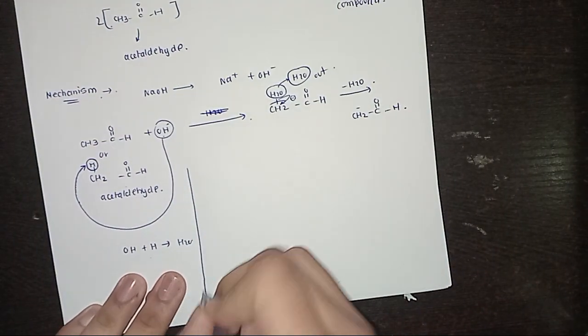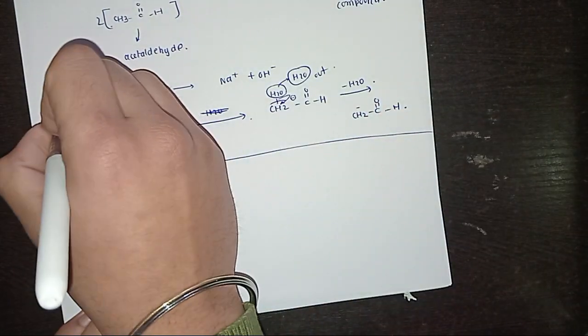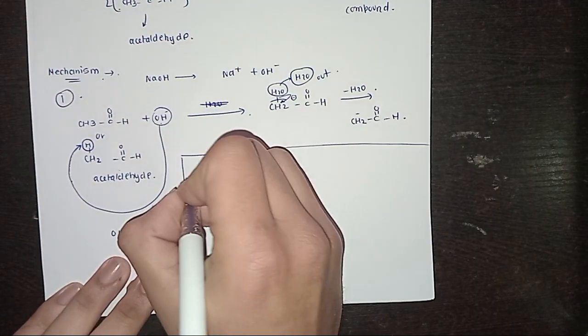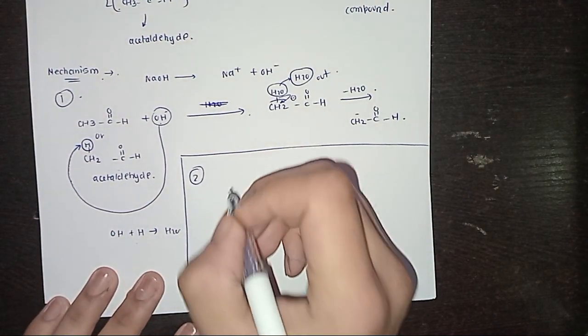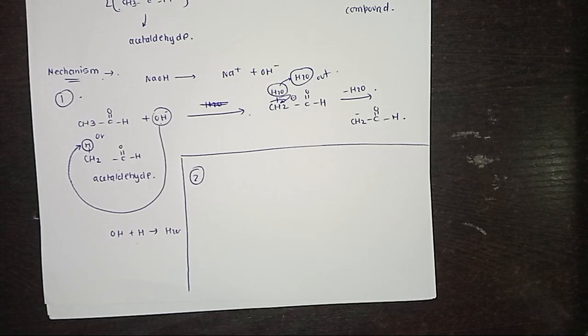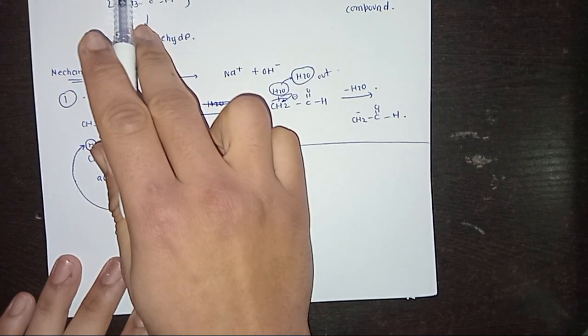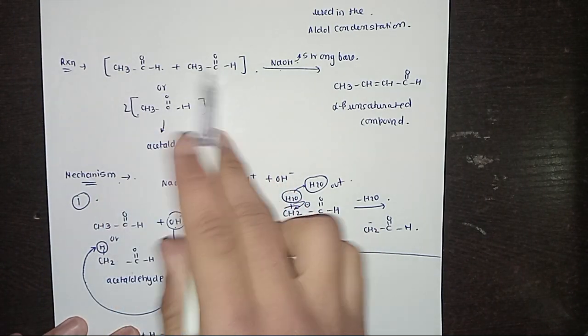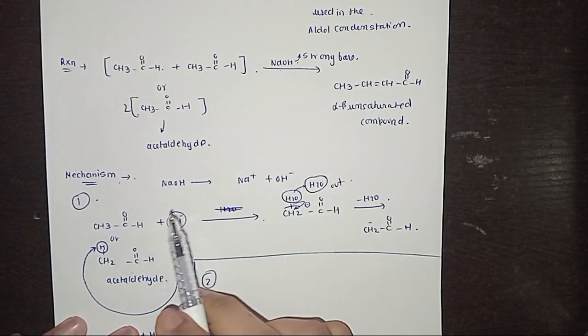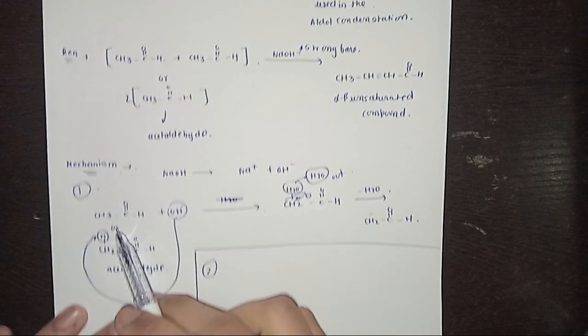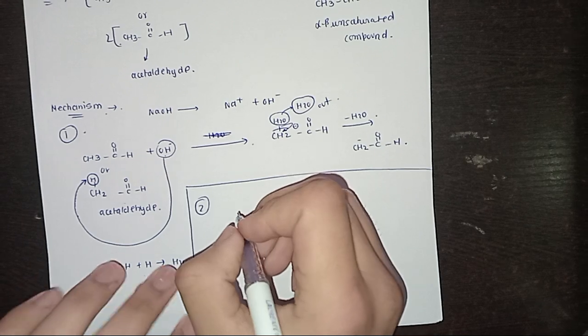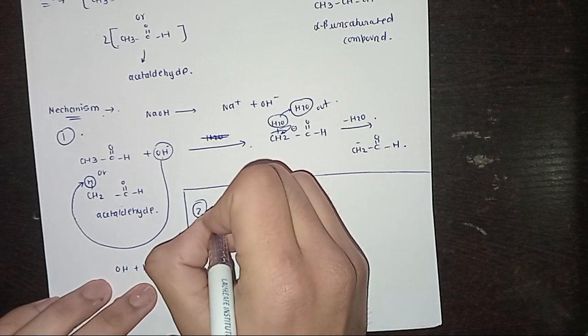And now, it was our first step, and now we are talking about the second step. We used one acetaldehyde. We have two acetaldehydes. I told we have two acetaldehydes, and now we have used one acetaldehyde here, and now we will use the second acetaldehyde.